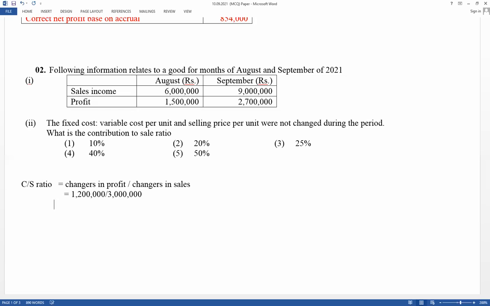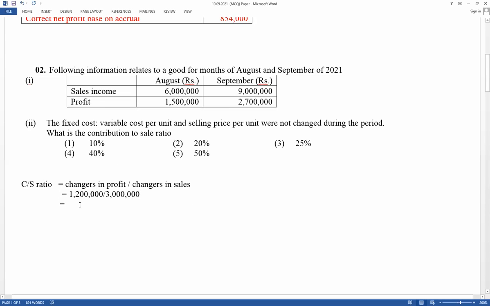Therefore, think how to calculate the CS ratio. When sales income increases, profit increases, which is relevant to contribution. Contribution divided by selling price equals CS ratio, and it can also be calculated as changes in profit divided by changes in sales income.